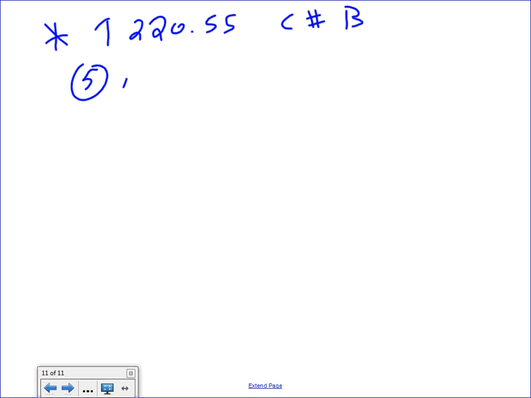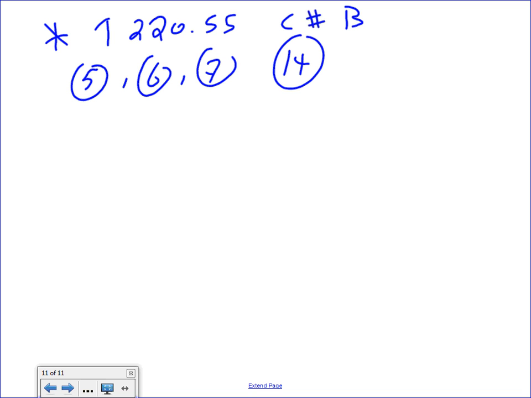Okay, so for B's, I'm going to write here, table 220.55, column number B. Okay, I'm going to remind you guys, that will cover 5 and 6, and also 7, and all the way to 14, all the 14 stuff.